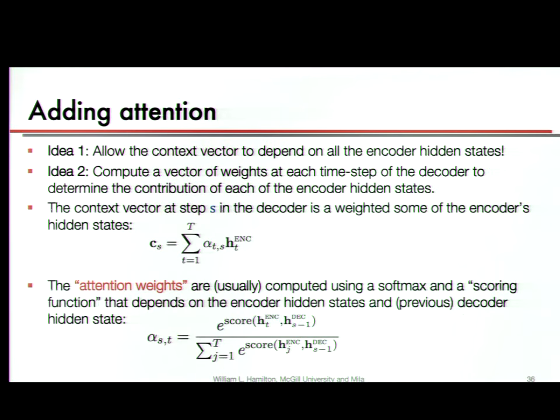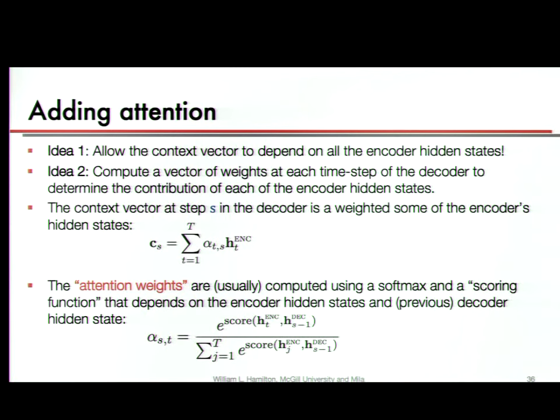And formally how this works is that the context vector at step S of the decoder, I'm going to use S and T so I don't have the same T for both, is going to be a weighted sum of the encoder's hidden states.